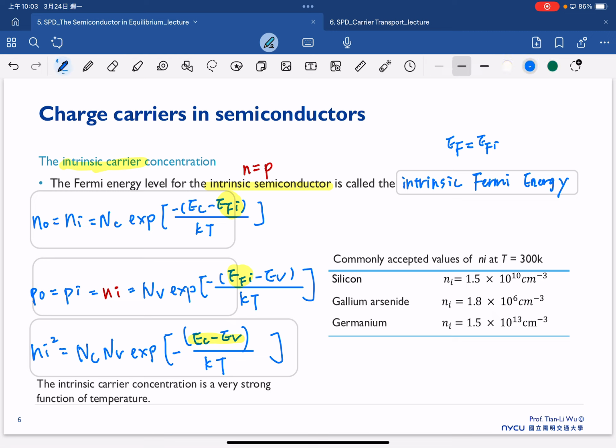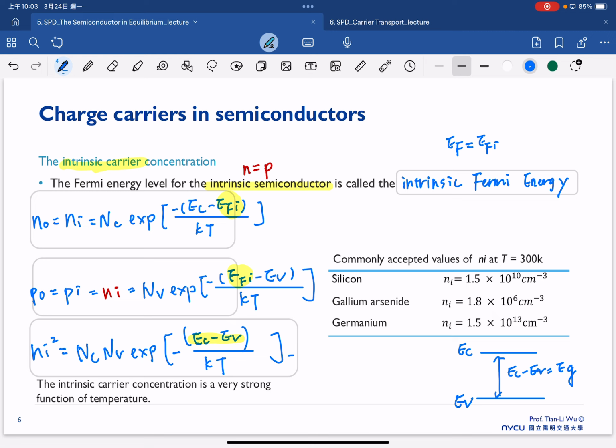But also, we all know that in the case of a semiconductor, consider the band diagram here. If we have EC and EV, then EC minus EV is exactly equal to the band gap, that's EG.